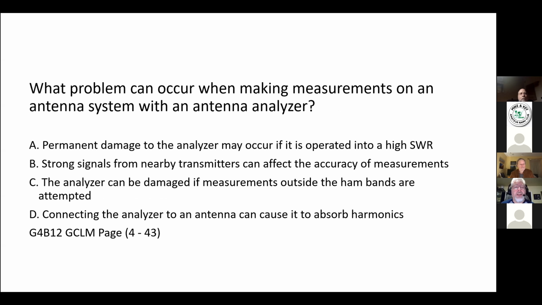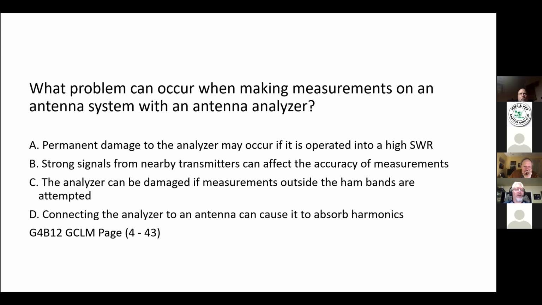What problem can occur when making measurements on an antenna system with an antenna analyzer? A, permanent damage to the analyzer may occur if it is operated at a high SWR. B, strong signals from nearby transmitters can affect the accuracy of measurements.